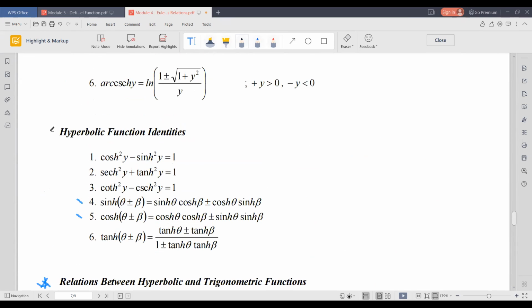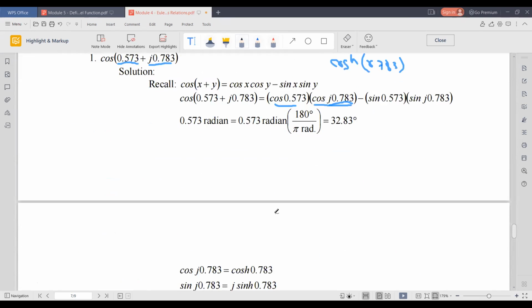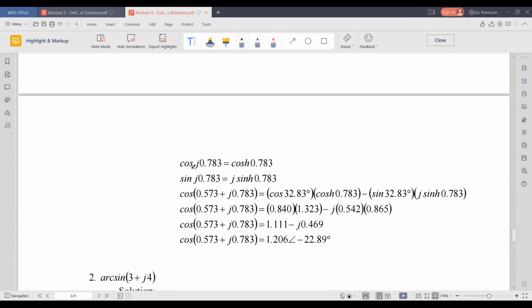Na properties tsaka ito. Okay, so now, ito na siya. Ito yung equivalent natin with the use of the relations between hyperbolic and trigonometric functions. So for the imaginary, no, we use the hyperbolic for this case. And then dito, so the same, we use the trigonometric functions as well.